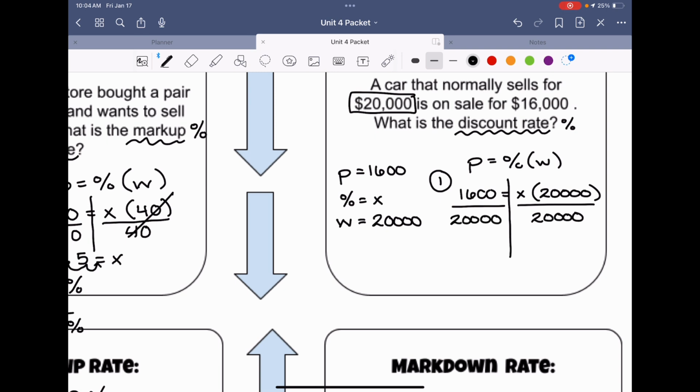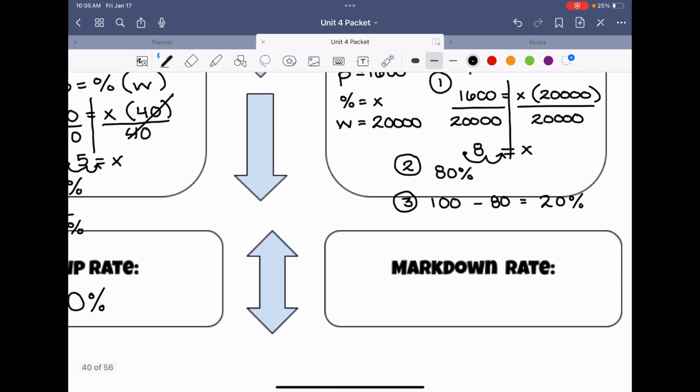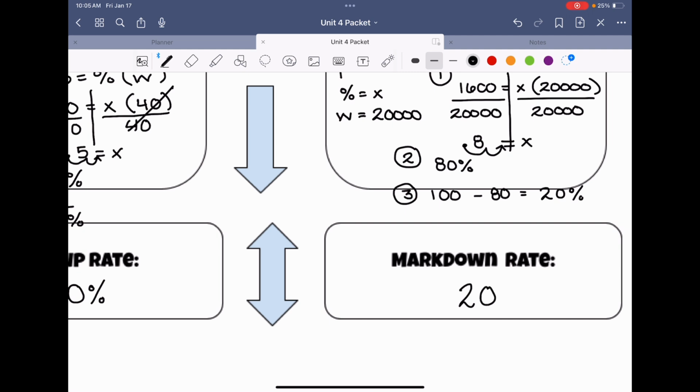We're going to get a decimal. 0.8 equals X. Second step, change that to a percent. So 80%. Remember, it's always highest minus lowest because we don't want to get a negative number here. So 100 minus 80 is going to give us 20%. So 20% would be our markdown rate.